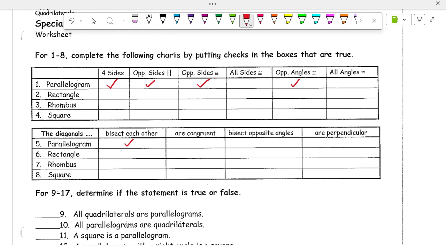So does it look like this? Which one? Which for what? For rectangle and square. Oh, angles are rectangle. Like this.